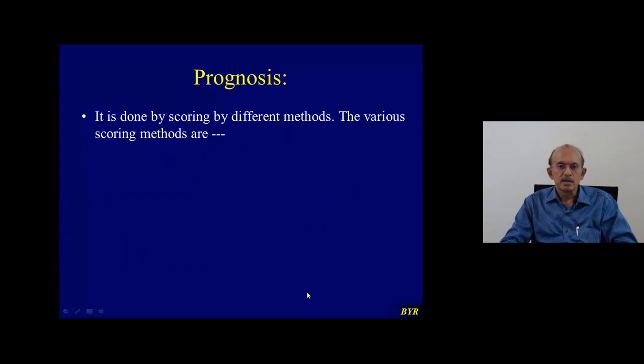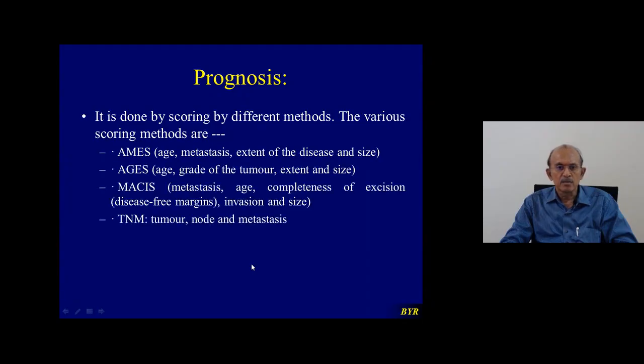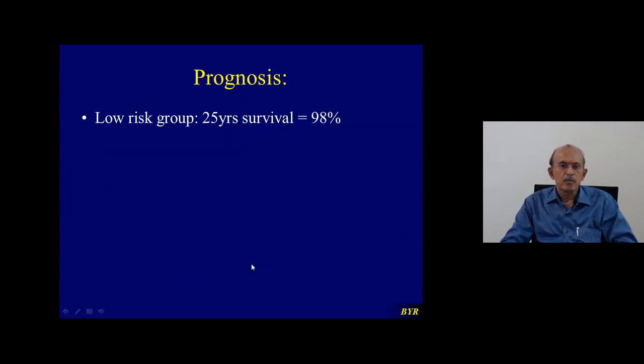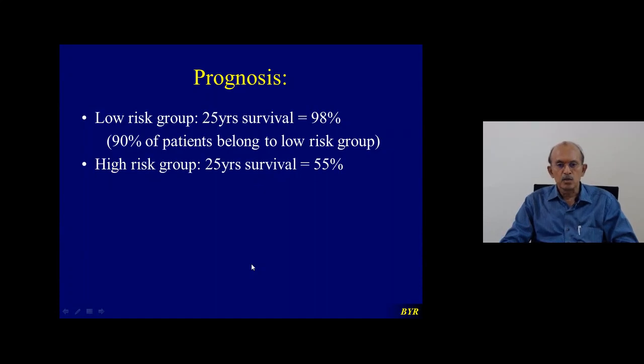Prognosis is done by scoring by different methods, but this is not required. For the low risk group, 25-year survival is 98%. 90% of the patients belong to the low risk group. In the high risk group, 25-year survival is about 55%. So here in differentiated thyroid cancer, we give the survival rate for 25 years, not 5 years.